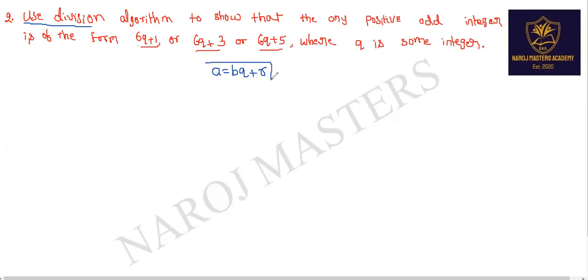Use this algorithm to show that any odd integer is 6q plus 1 or 6q plus 3 or 6q plus 5. Okay. Now let us assume let A be any positive integer.